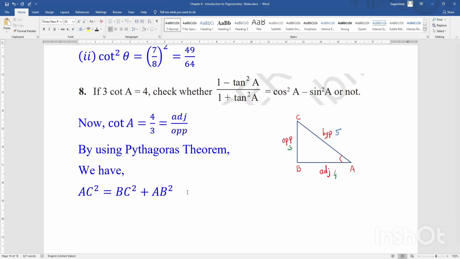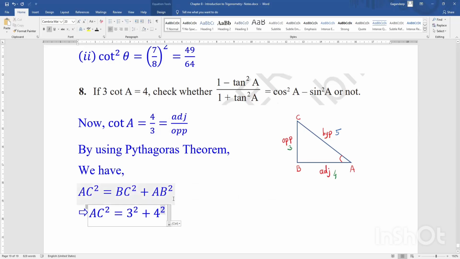Now the next step. Here again we have AC square is equal to, so BC value is 3 and AB value is 4.